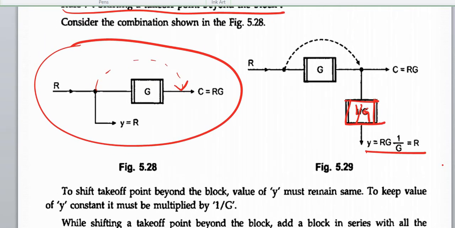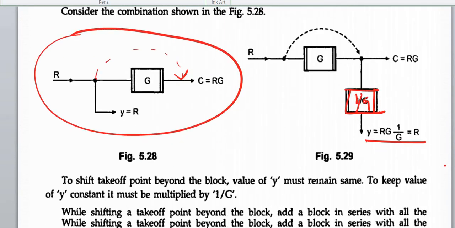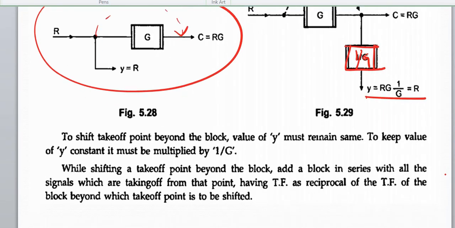So once again, I would like to tell you, rule number 4, 5, 6 and 7 are related to shifting of summing point and takeoff point. Rule number 4, summing point behind. Rule number 5, summing point beyond. Rule number 6 is takeoff point behind, and rule number 7 is takeoff point beyond.